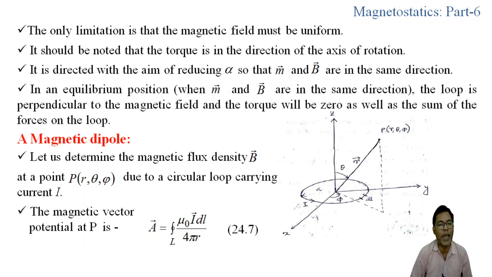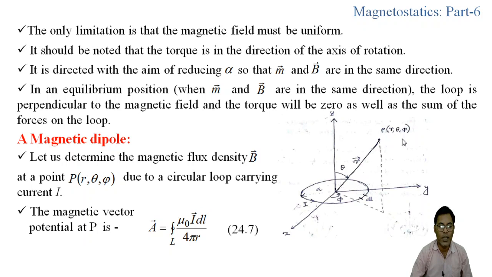A magnetic dipole, we are going to see what it is. For that, we want to find out the magnetic flux density B at this point P. Here you can see in this diagram the point P, where we want to find B, has the coordinates r, theta, phi.